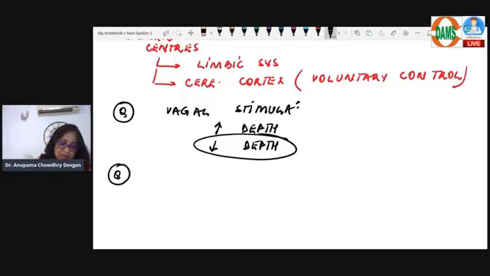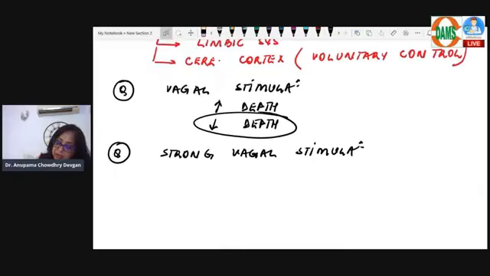Another question: a strong vagal stimulation. Strong vagal stimulation will inhibit the depth to such an extent that, in fact, it causes a cessation of respiration.